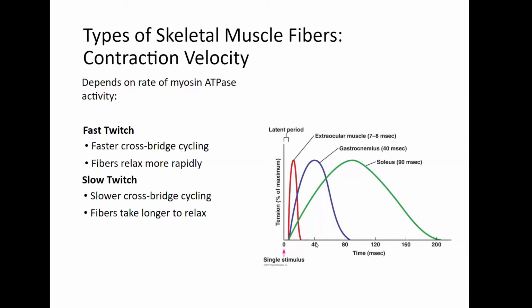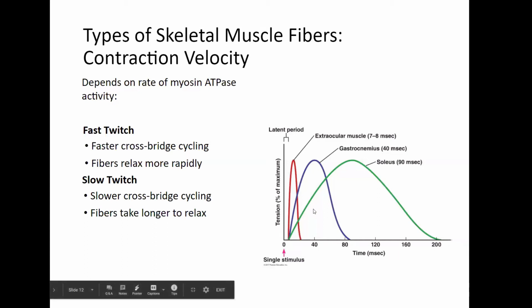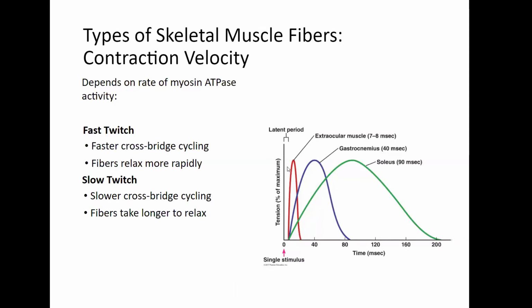Here again, we have time on the x-axis and tension on the y-axis. What we're looking at is how long it takes for each of these muscles to get to its peak tension, which is when it's contracted as much as it can contract.